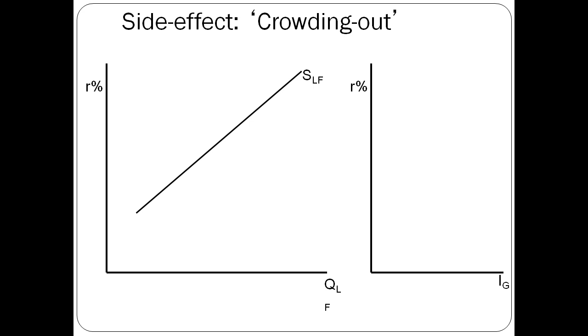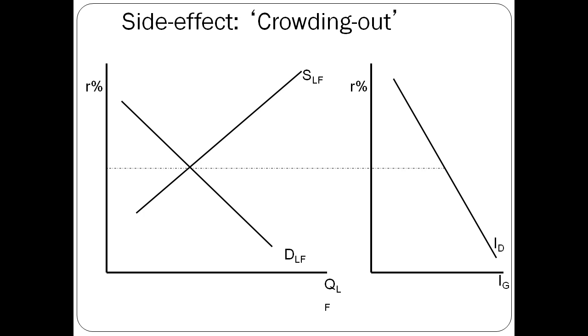We have an upward sloping supply of loanable funds and a downward sloping demand for loanable funds. And on our investment demand graph, we have real interest rate on our y-axis, gross private investment on our x-axis, and our downward sloping investment demand curve.